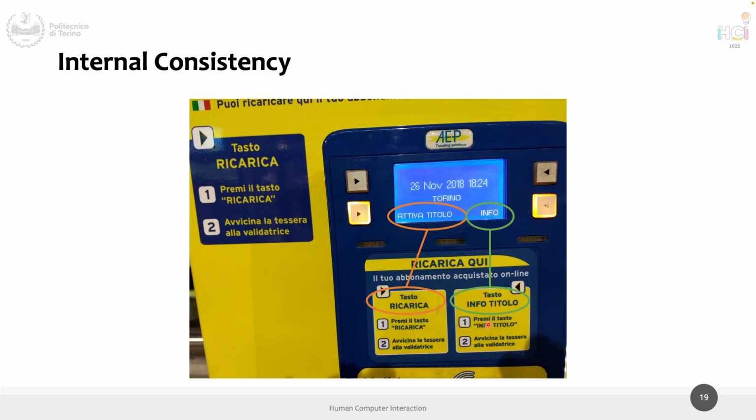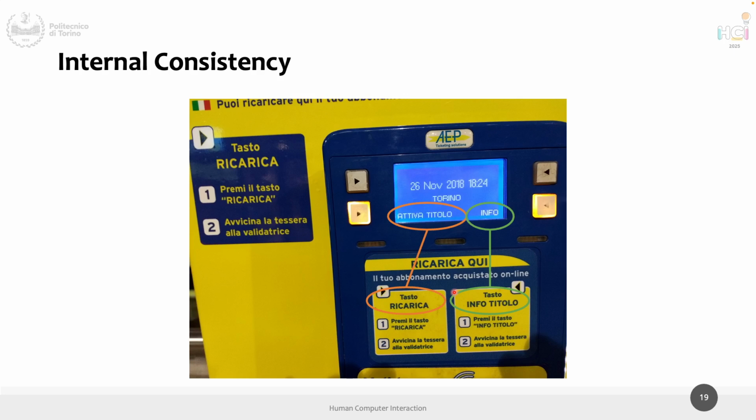And also here, press the "info titolo" button, but the button is called "info". And who knows why they put 4 buttons when you need 2 only. And all of this is paper, so they just needed to have the firmware developer talk with the person who did the graphics. So it was a communication problem, but this gives inconsistency.